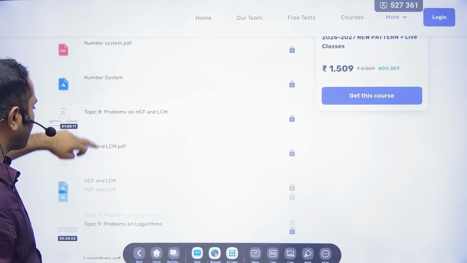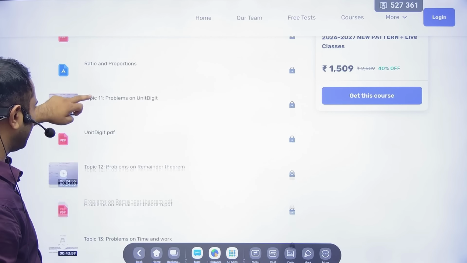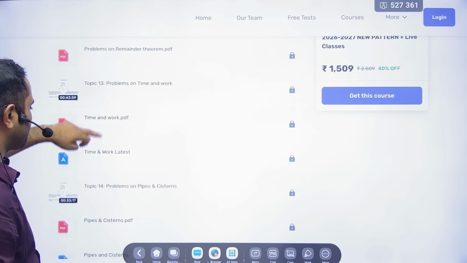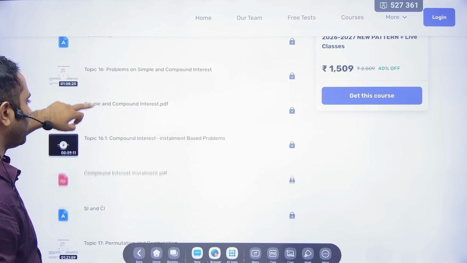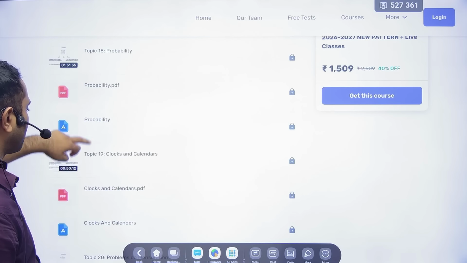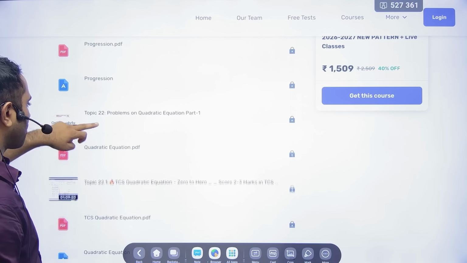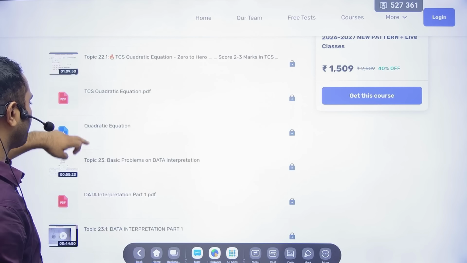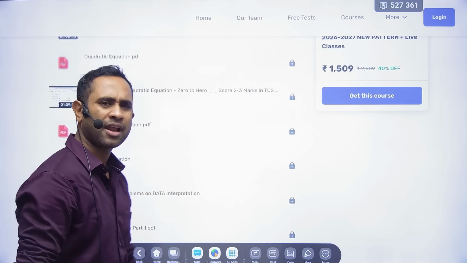So all topic wise questions are there: logarithm, ratio proportion, test series is also there, unit digit, remainder theorem, time and work, pipes and cisterns, partnership, simple and compound interest, installment based problems, permutation combination, probability, clocks and calendars, mensuration, progression, quadratic equation part 1, part 2, data interpretation part 1, part 2, part 3. So this is how you learn and get the result here.